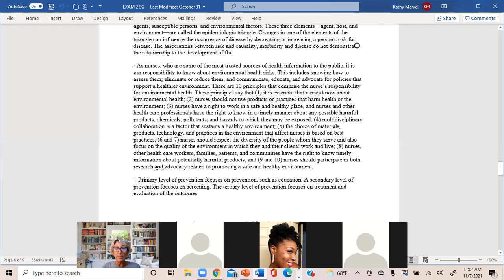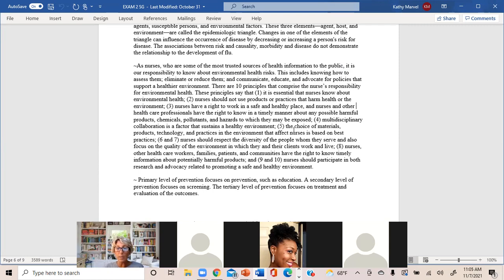Okay, here, I want you to know these. Here are 10 principles that comprise the nurse's responsibility in environmental health. And it goes through what these 10 principles are. Okay, go through the first couple. You must know about environmental health. You yourself should not be using products or practices that harm the health or environment, right?